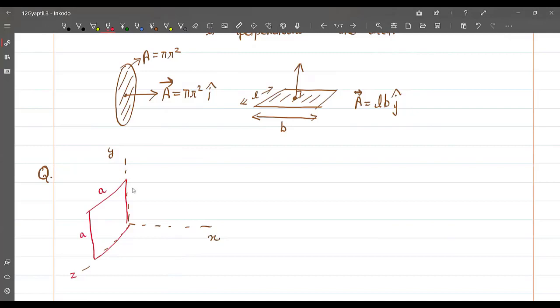The dimensions are A, and the field is in the X direction. The value of the field is E. Okay. Find the flux through this surface, through this rectangle, a square. This is the electric field line. Solve it and tell me the value.